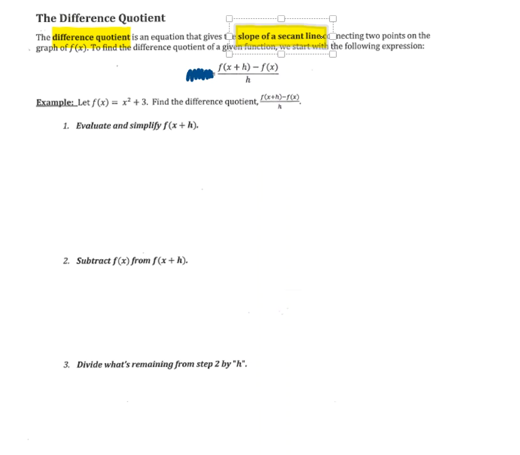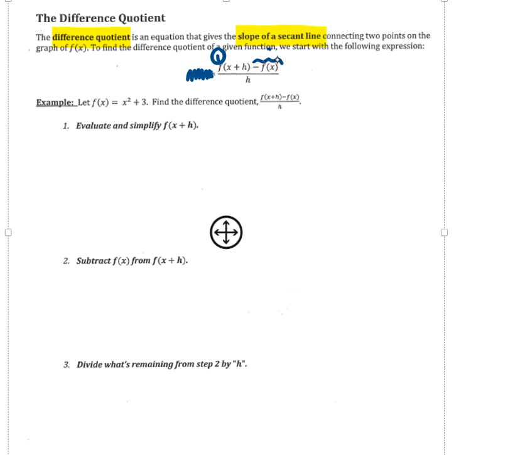In the numerator, we have f of x plus h. This is actually going to be one of the first things we do in finding the difference quotient. Once we do that, we're going to subtract off the original function f of x, and that's the second thing that we do. The third and final thing we do is we take whatever we get after the dust settles in the numerator here, and we divide it by h.